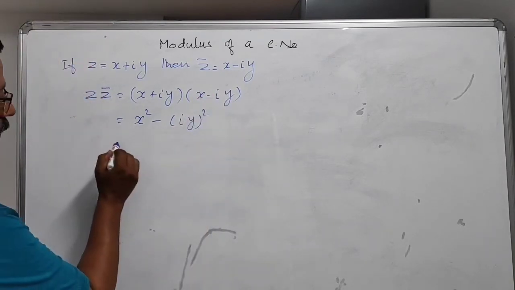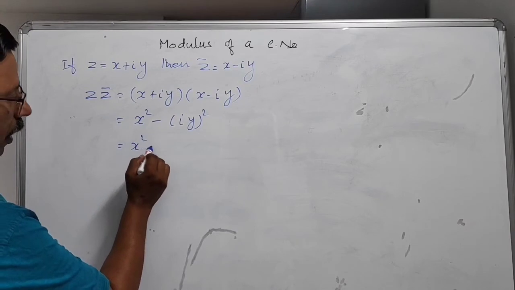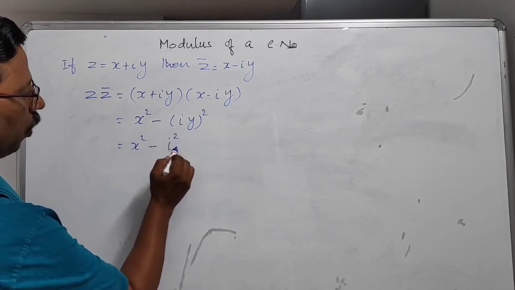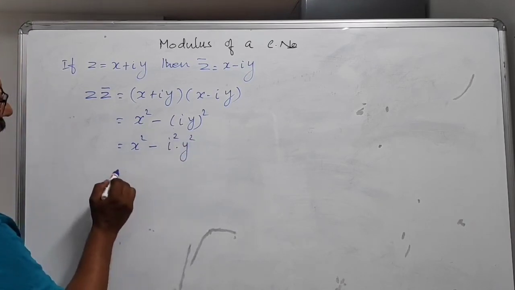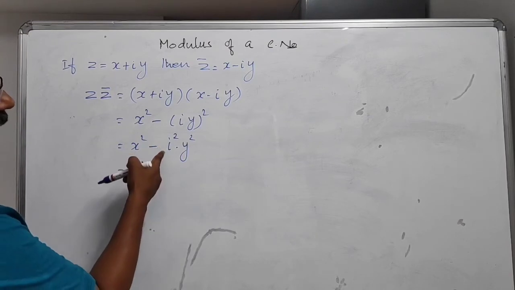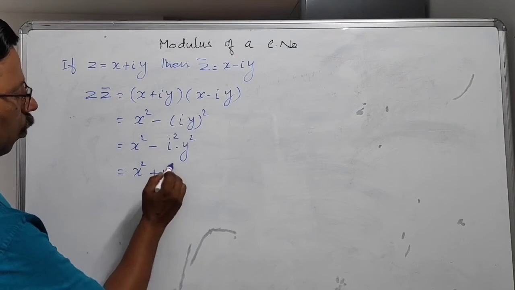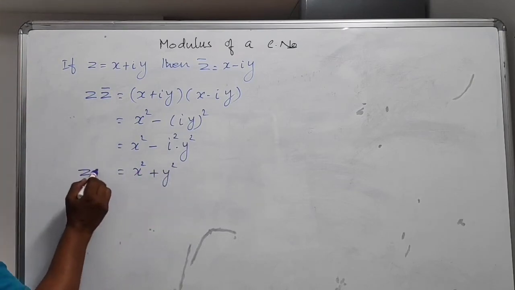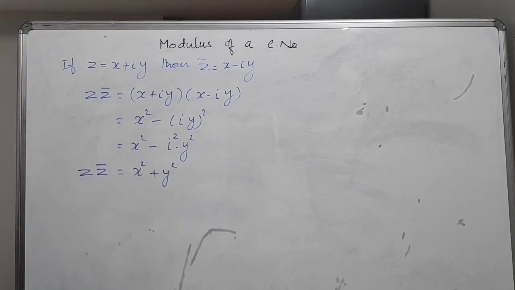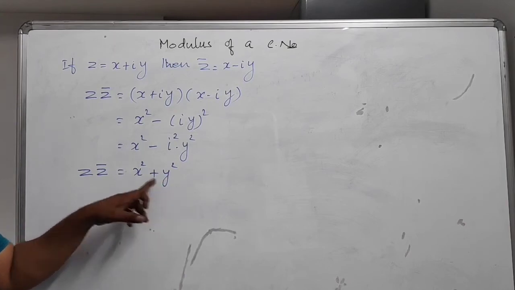Which is equal to x square minus i square into y square. We know very well this i square is minus 1. Minus of minus becomes plus 1 y square. Therefore, this z into z bar is nothing but x square plus y square.